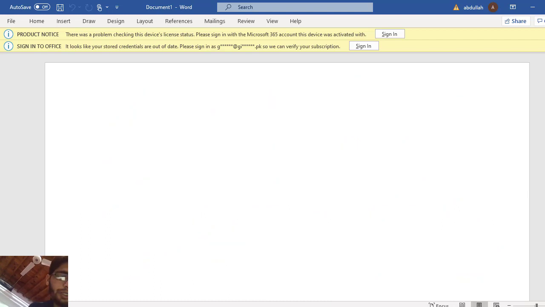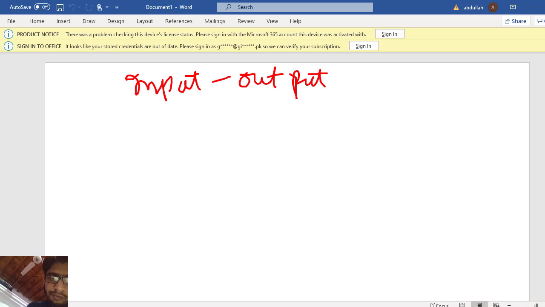Now, as we know, the general mole balance equation is input minus output plus generation is equal to accumulation.